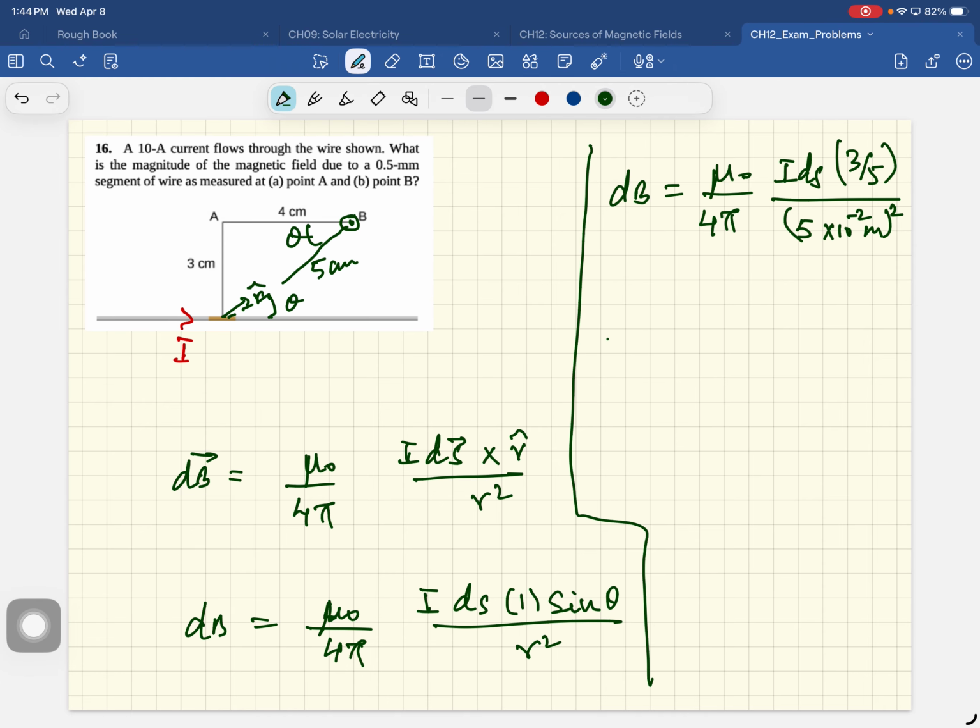Determine the magnetic field at point P. Okay, so here's the expression, the field due to a small element. We just saw that, mu naught over 4 pi.